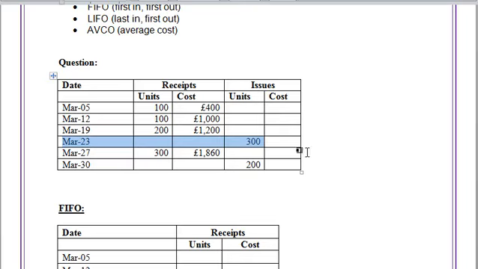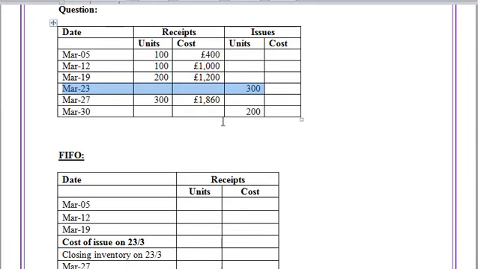If that is the case, then the first set of inventory that I received will be the 5th of March, 100 units. So I will pick up the 100 units and the cost, £400. The next set is another 100 units, which cost me £1,000. And then on the 19th of March, you bought and received 200 units, which cost you £1,200.